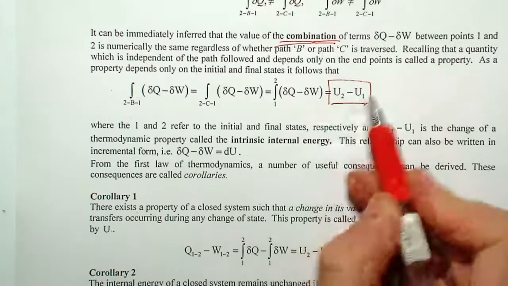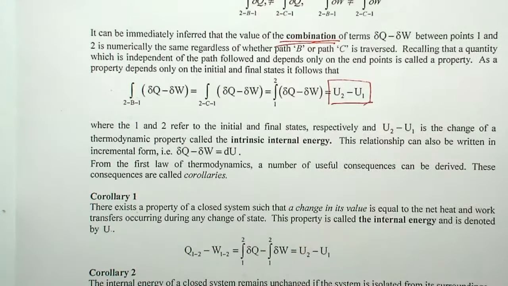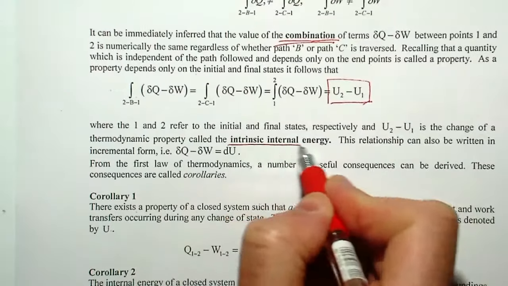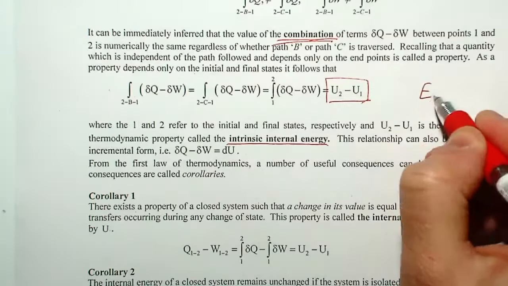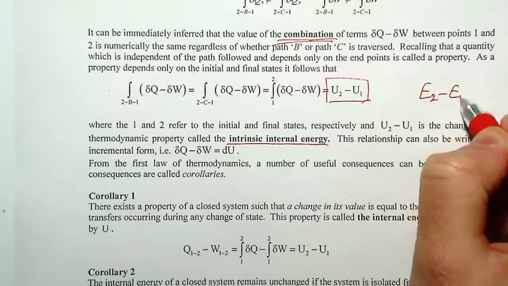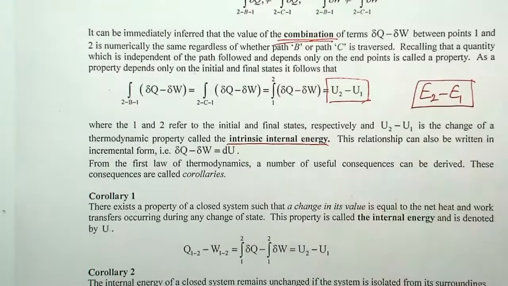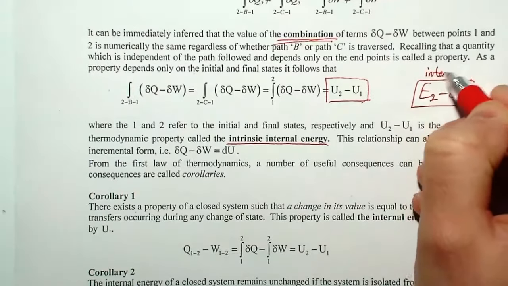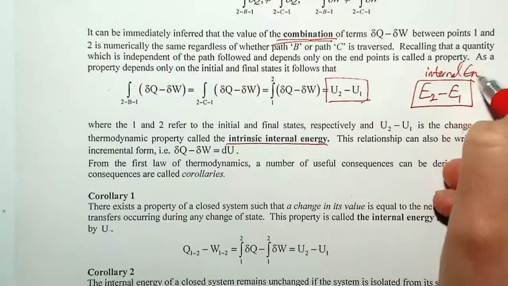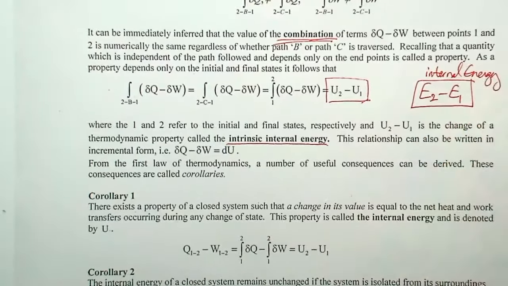And this change, or U2 minus U1, is what we call intrinsic internal energy. This is slightly different to, for example, when we had E2 minus E1 in one of the equations earlier, where E actually here just represents internal energy, as we'll see in more detail later on.